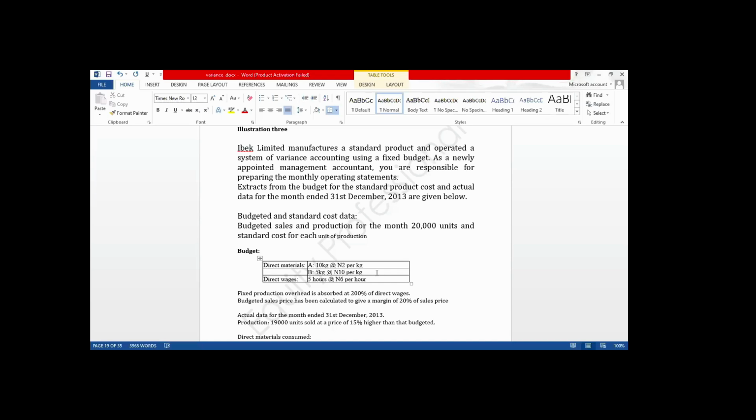Now look at the actual data for the month. Actual production is 19,000 units, sold at a price of 15% higher than the budgeted.